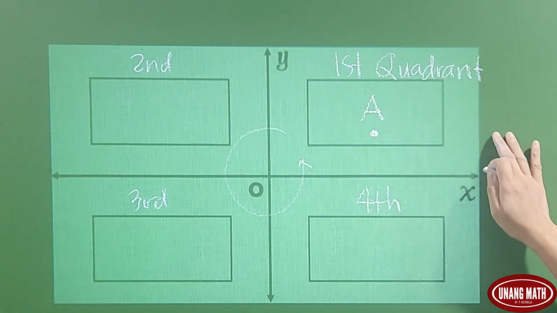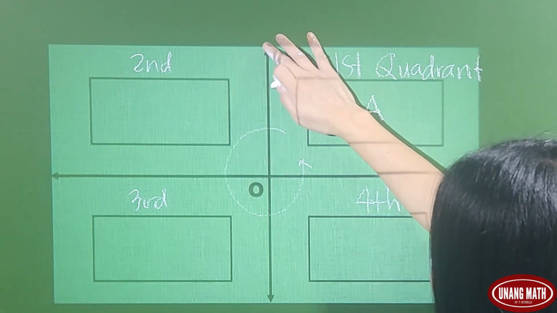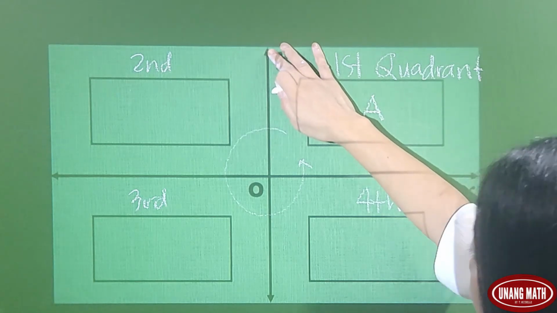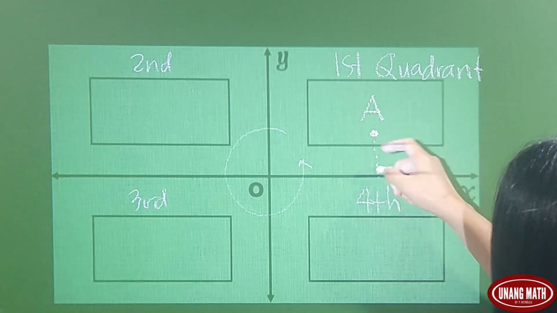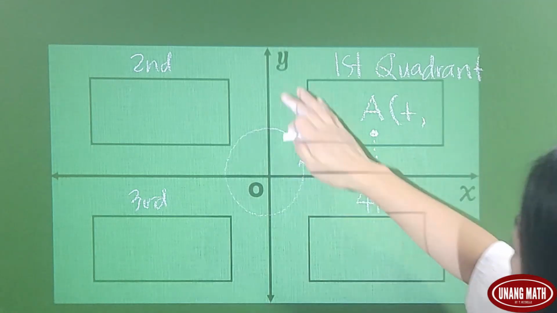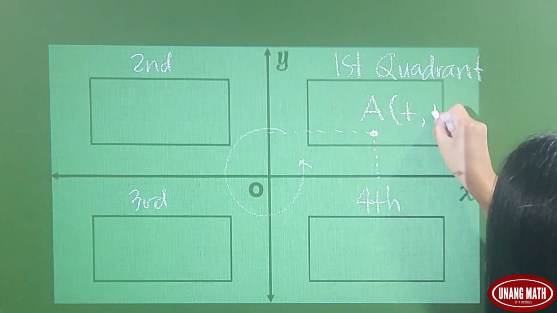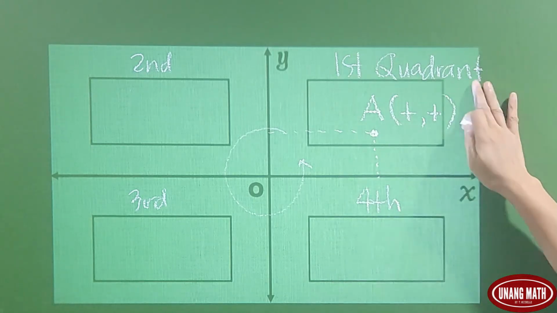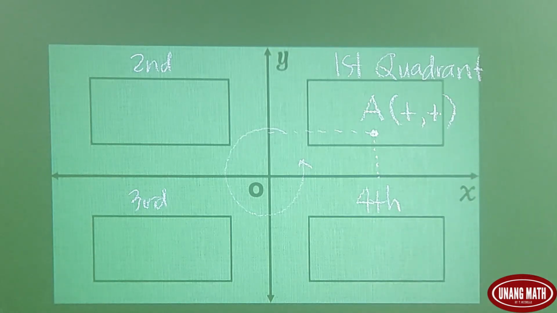In the first quadrant, all the coordinates on this part of the x-axis are positive. All the coordinates on this part of the y-axis are also positive. So that means the x-coordinate of this point is positive. What about the y-coordinate? The y-coordinate is also positive. So in the first quadrant, the x-coordinate and the y-coordinate are both positive.